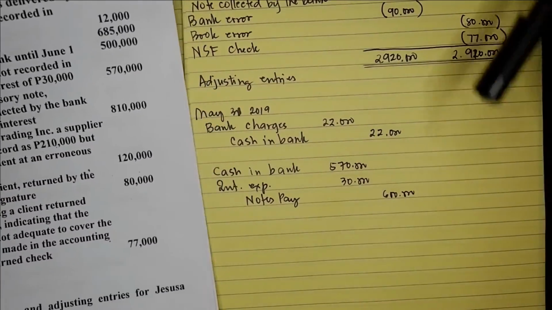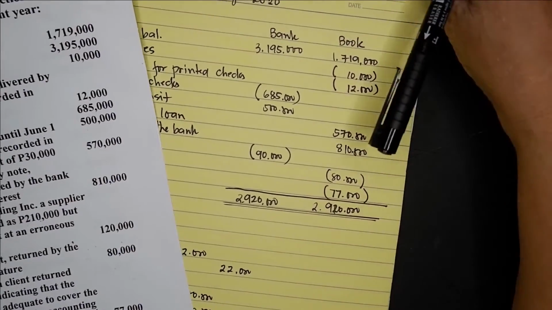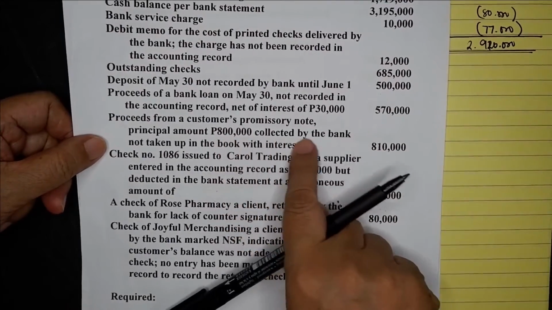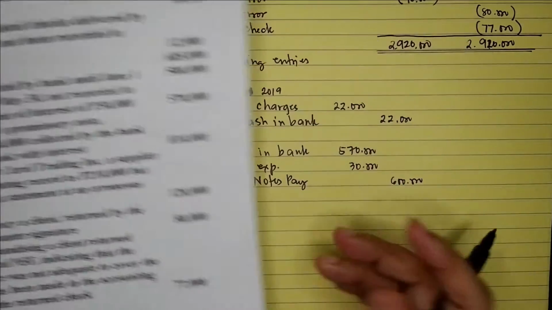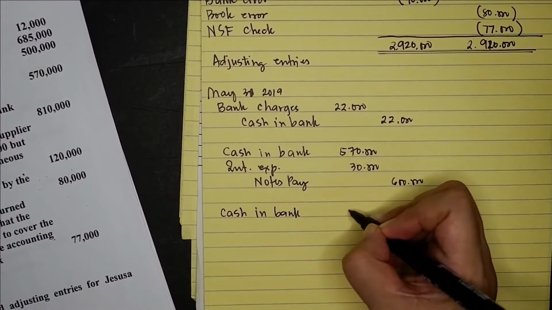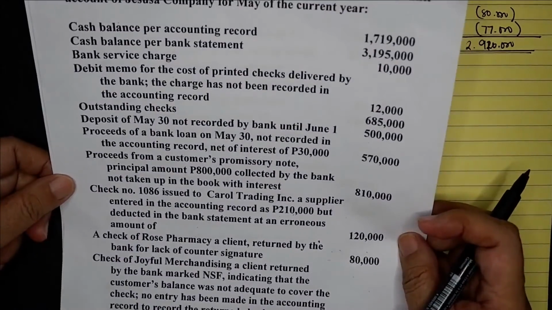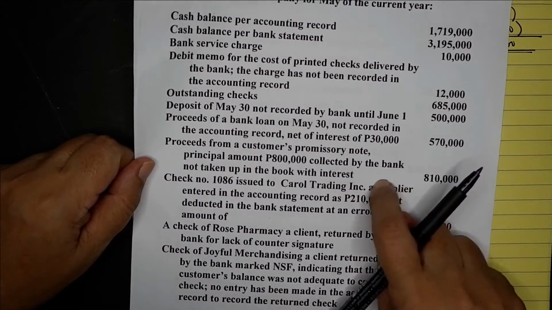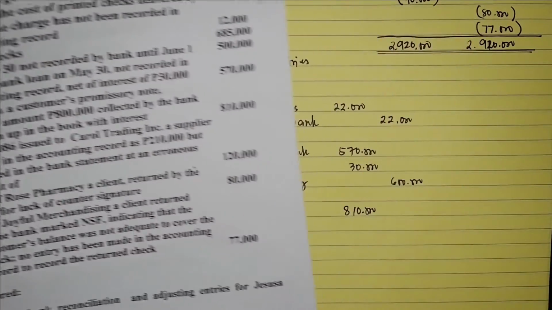Then we have the next one, 810,000. That 810 is a note collected from our customer by the bank. So, debit cash in bank, 810,000. Then, the principal amount is 800,000.